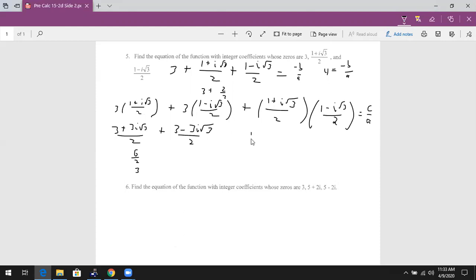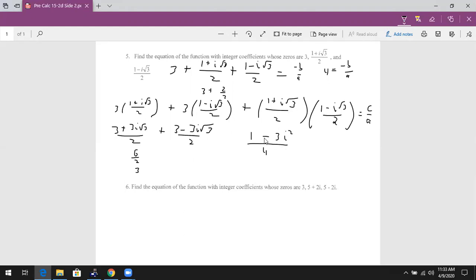First times first is 1. Outside times outside: positive times a negative is negative, root 3 times root 3 is 3, i times i is i squared, over 2 times 2, which is 4.